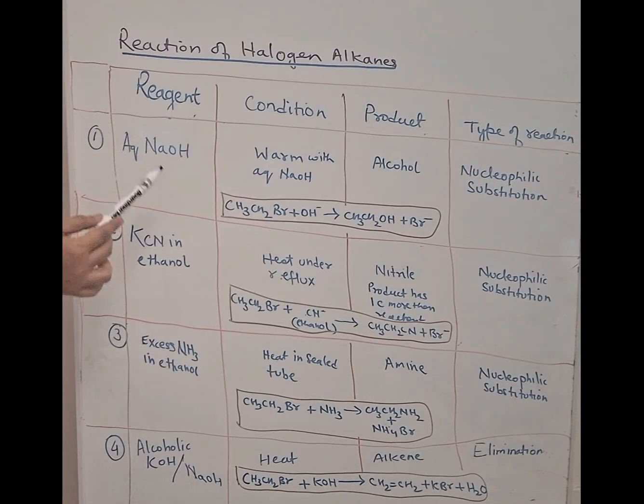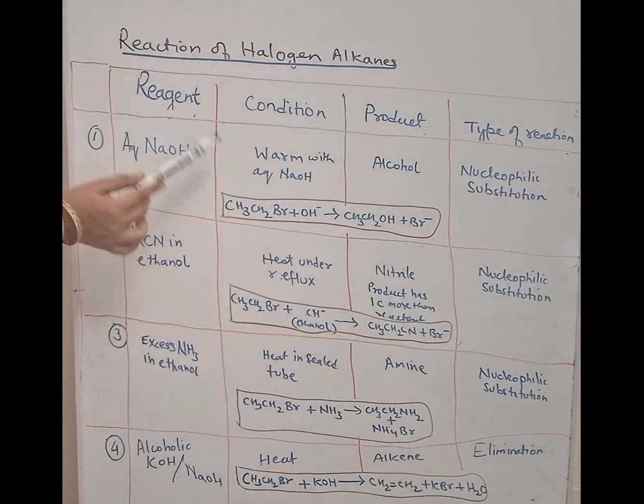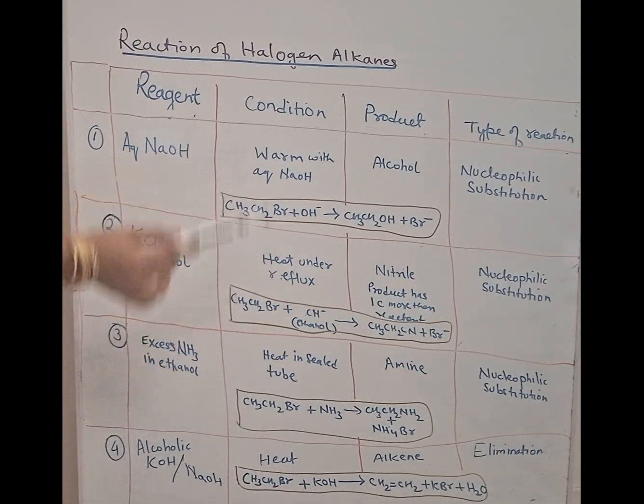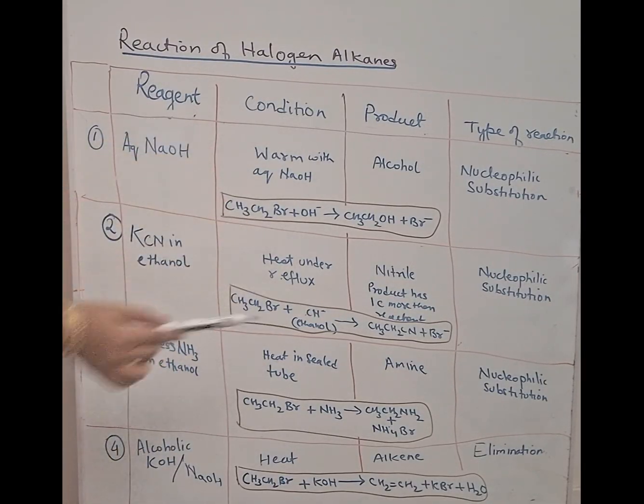This is very important because they ask a question where only the reagent is changed. Here it is aqueous NaOH, here it is alcoholic KOH. Heat is there and everything else is the same, but the product is totally different because the type of the reaction is different. So this table is a summary of all the different reactions which halogen alkane undergoes.